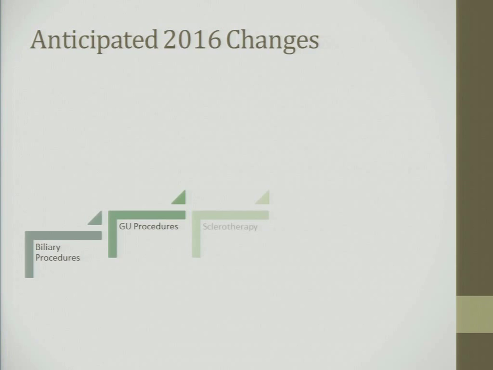So stay tuned and we'll keep you apprised of those changes as they come through. In summary, the 2015 changes we've covered this afternoon include cryoablation procedures, spinal diagnostic and treatment procedures, peripheral vascular stenting and embolization procedures, joint injections and aspirations, and reimbursement issues.